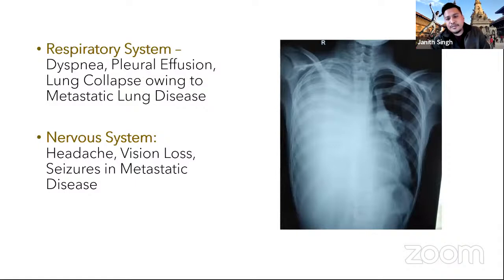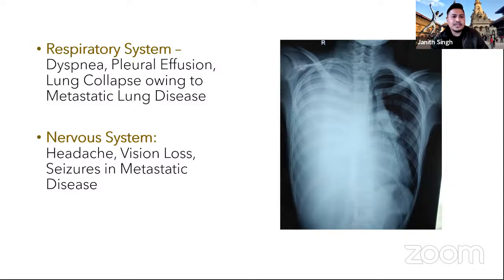This is an X-ray from our own patient who had a biological reconstruction of his femur 2 years back, and now this is his condition. This was sent to me by one of my junior colleagues in the periphery. He's having all the symptoms of metastatic lung disease, including dyspnea, pleural effusion, collapse, everything.